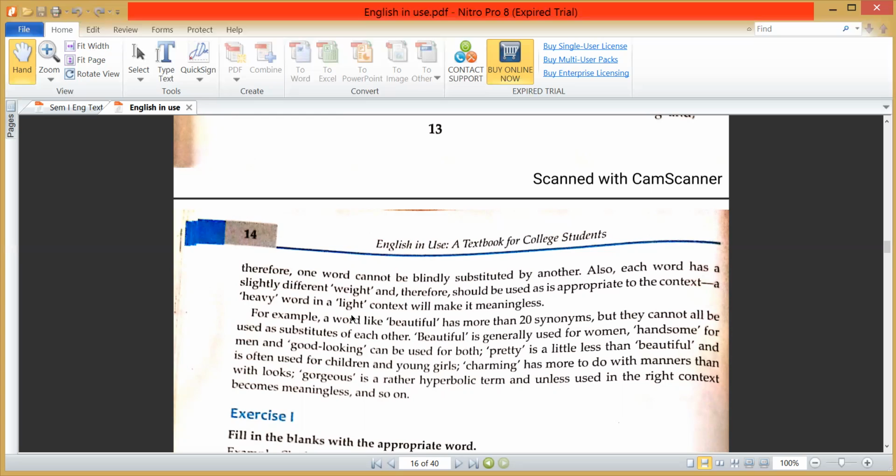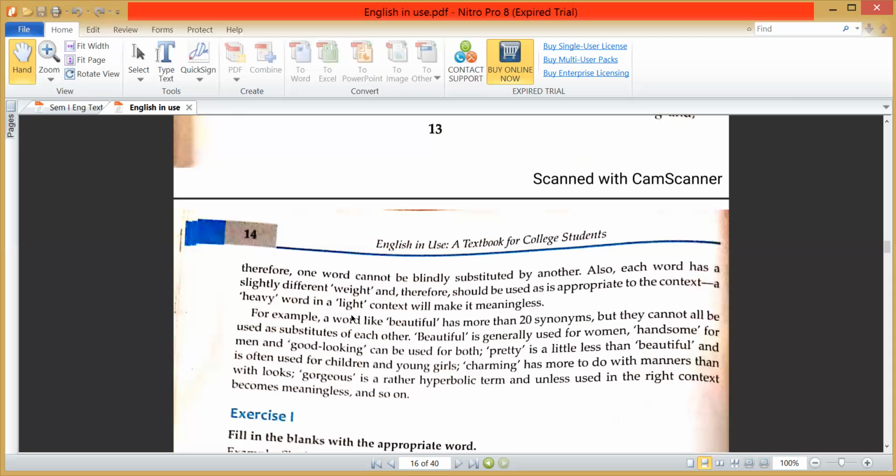Okay, so beautiful is usually used for women, whereas handsome is used for men, and good looking could be used for a man and a woman too. Whereas when I say pretty, as in 'she looks pretty', it is a little less than beautiful, which means this could usually be used for children and young girls.